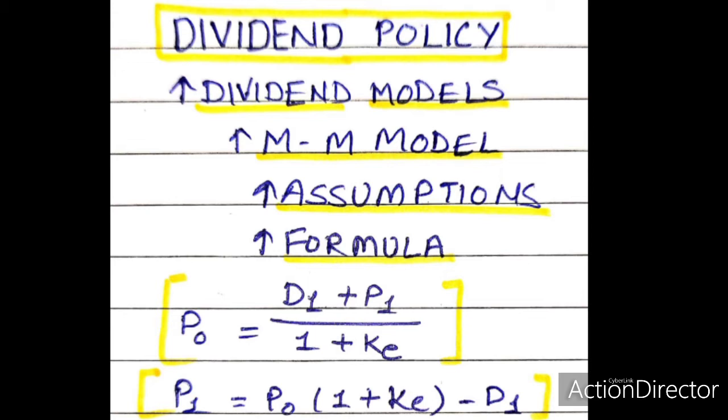P1 stands for market price per share at the end of the period, and KE stands for cost of equity capital or capitalization rate. The market price of share, which is P1 at the end of the period, can be calculated by the formula P1 equals P0 multiplied by 1 plus KE minus D1.